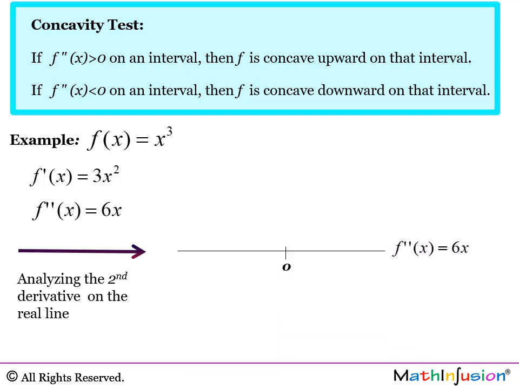It is 0 at 0, and it's easy to see that when x is negative, the second derivative is negative, and when x is positive, the second derivative is positive. Using the concavity test, we see that here it is concave down and here it is concave up.